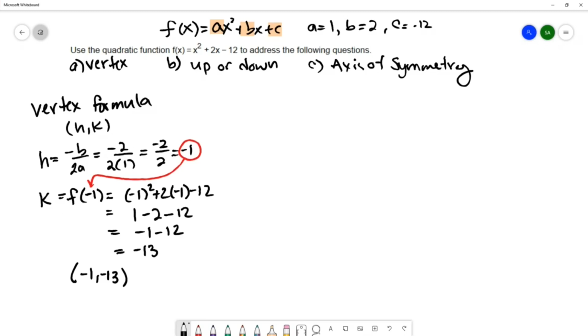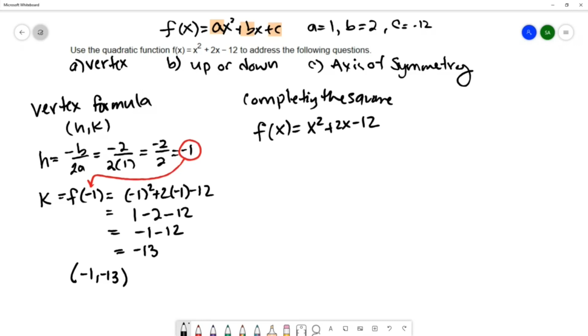Let's try the other way, which is using completing the square. When we complete the square, we start with our function, f of x equals x squared plus 2x minus 12.